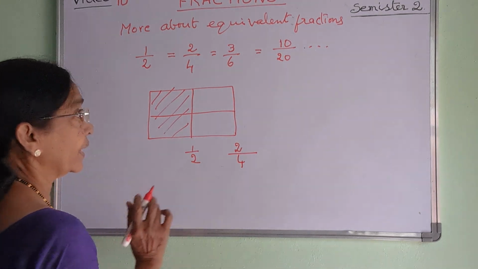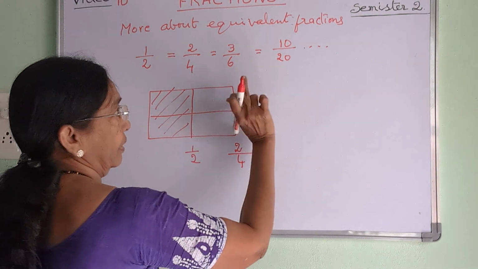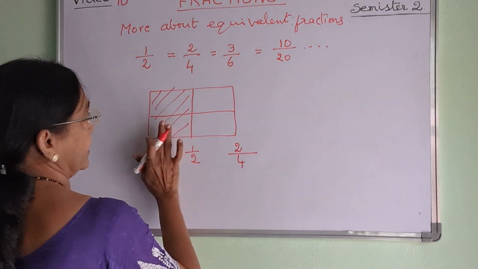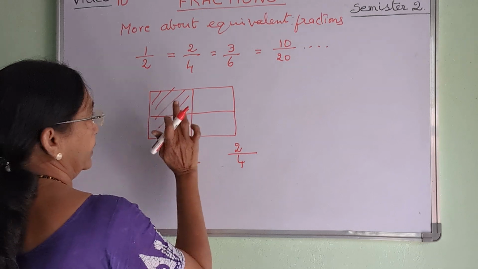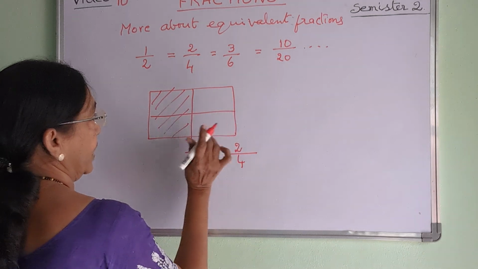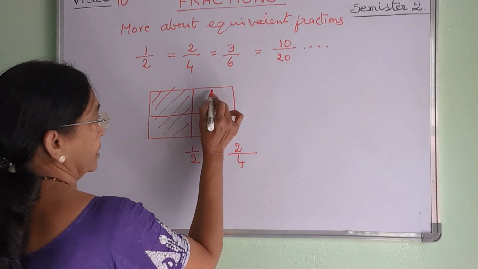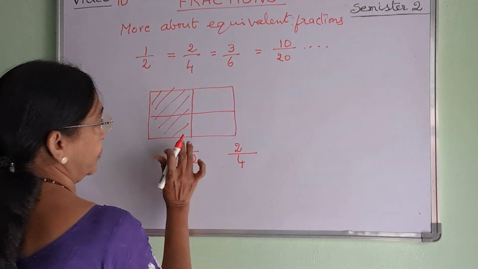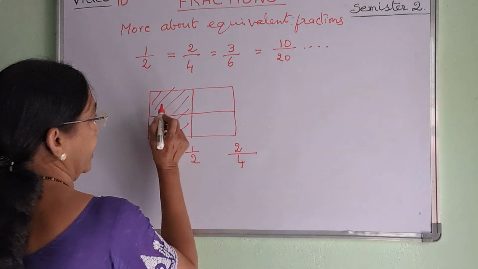Similarly, if we make 3 by 6, 3 parts shaded and the whole as 6 parts, we have to do it like this.